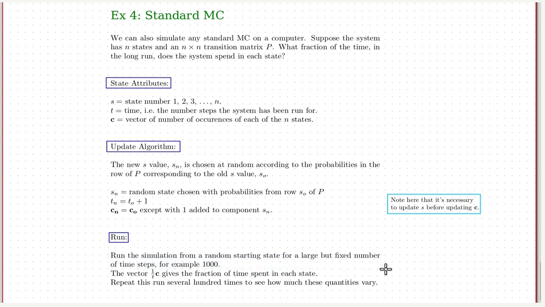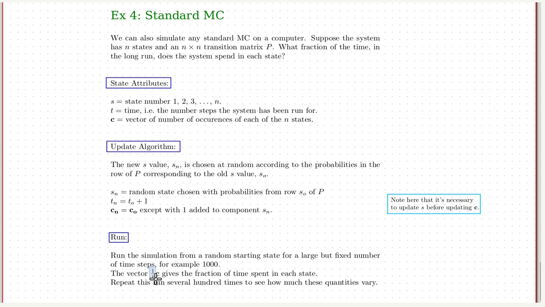1,000 time steps, that's close enough to the long run that we can make an estimate now of the stable vector, right? Because the stable vector represents the long-term probabilities of being in each one of the states. So at that point, after we've run the system for 1,000 time steps, we look at the vector c, which counts up how many times the system has been in each one of the possible states, and we divide by the time, right?